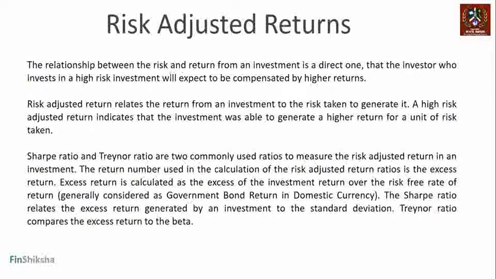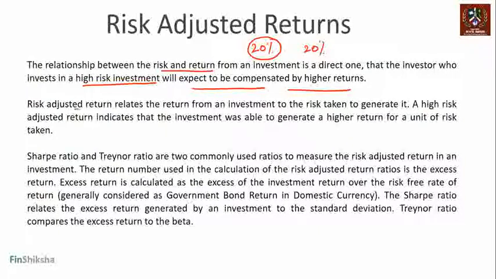The relationship between risk and return from an investment perspective is a direct one. If you are investing in a high risk investment, it's expected that you will be compensated by higher returns. So if two funds have given 20% return each, but one has taken higher risk than the other, you don't like that, because if you've taken higher risk, you would ideally want a higher return as well.